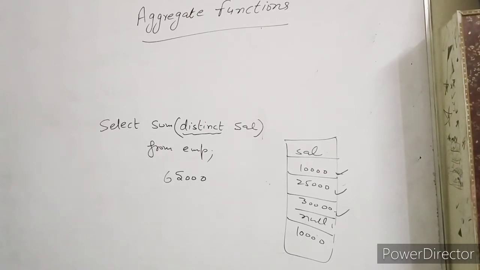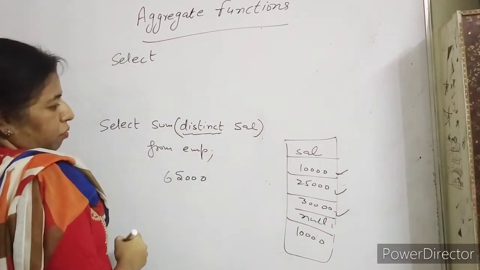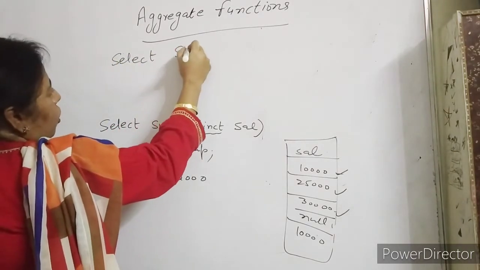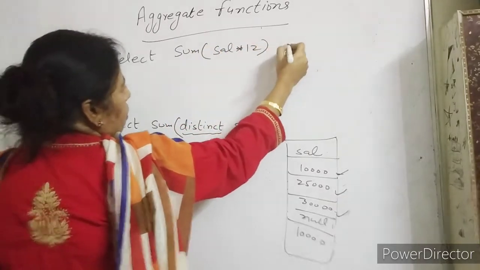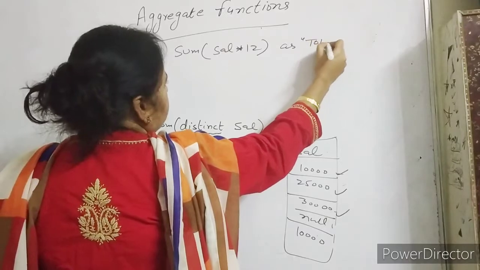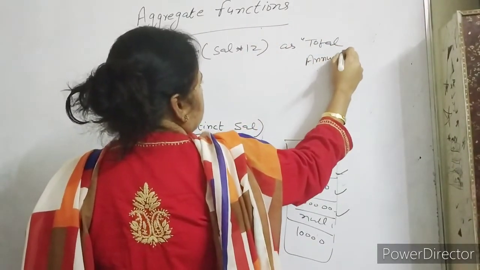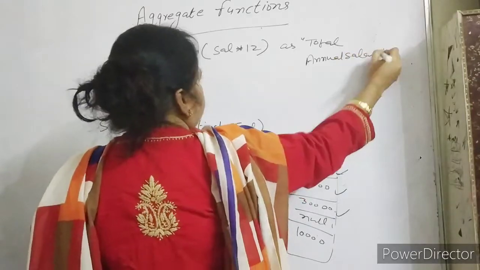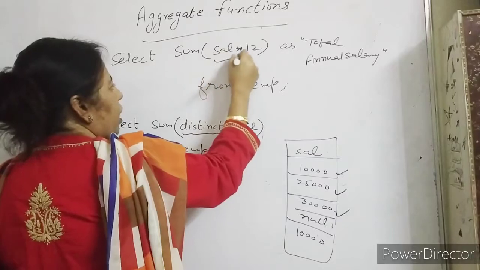Next query: if I want to calculate the sum of annual salary, what will you write? Select sum(sal * 12) as total_annual_salary from EMP. Clear? Now what am I using here?